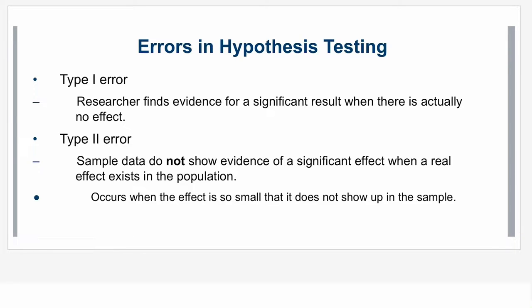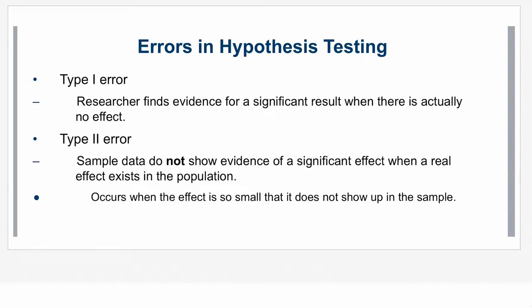And so there really truly isn't an effect or relationship happening there. So the consequence of a type 1 error is basically a false report or a false alarm. It's called that because you're saying there's an effect or a relationship here when there isn't, which is bad, right? You don't want that to happen.